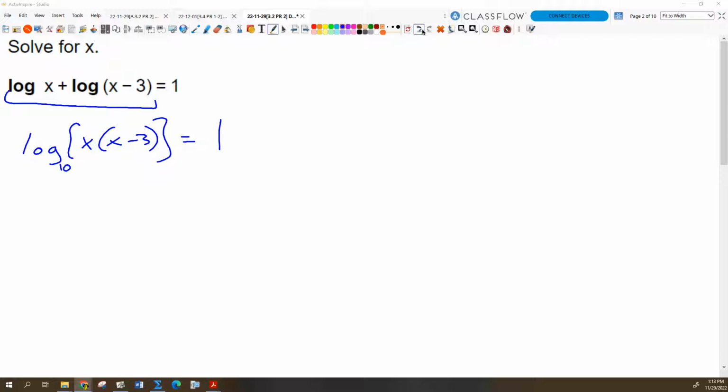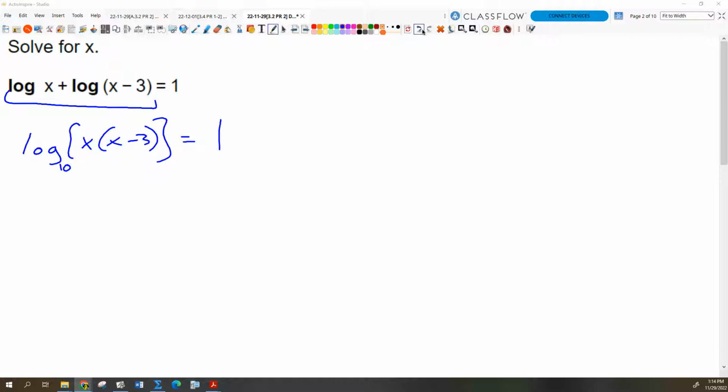So everybody take a second and write that as an exponential instead. If I transform that, I could do it two ways. I could either do a base 10 exponential of both sides to cancel the log, or I could just think a log is an exponent.